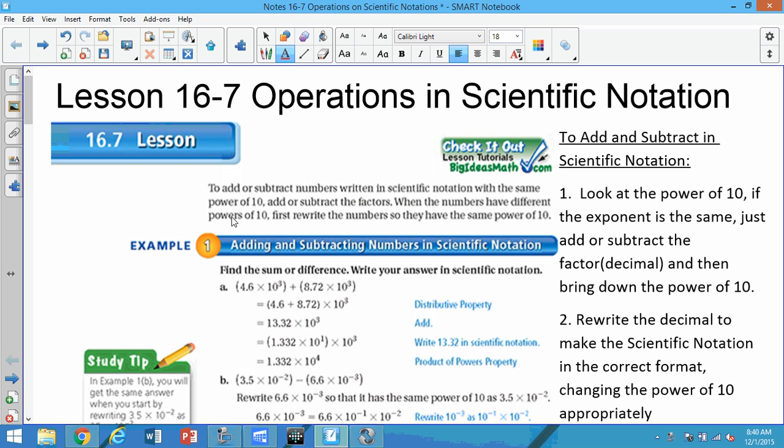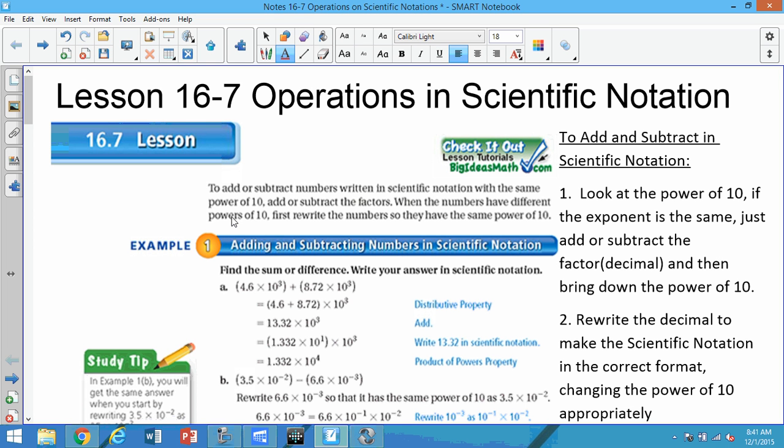So you might have to rewatch, because it's really two separate ways of doing scientific notation. This is essentially a shortcut method, because scientific notation is a shortcut way of writing numbers, and you're going to do operations on the scientific notation.